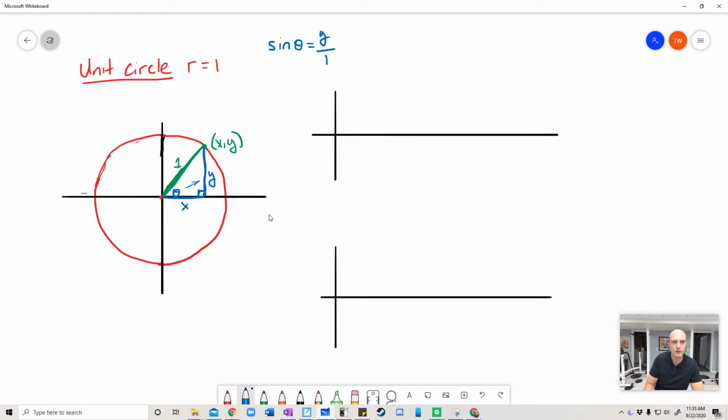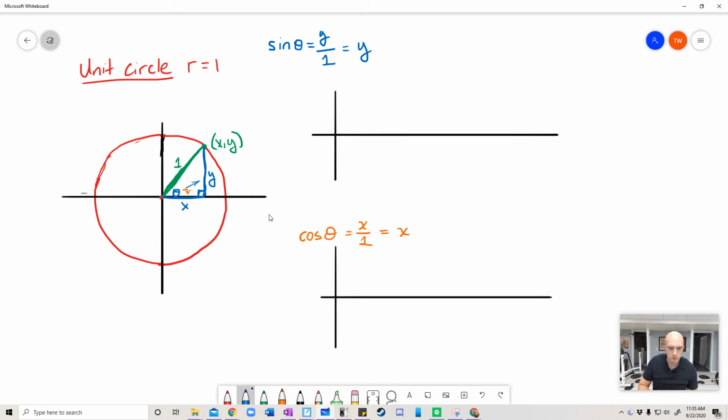Well, anything divided by 1 is just itself, so the definition of sine theta is just y. That's kind of interesting. And then if we think about the cosine of theta, well, that's just my adjacent side to my angle in my right triangle, which is x, over my hypotenuse, which is 1. So the definition of cosine is just x.